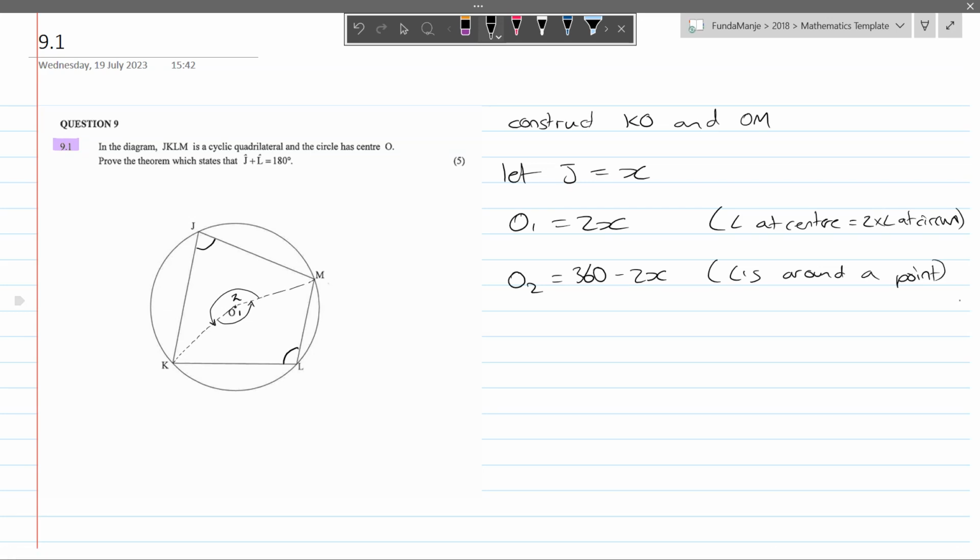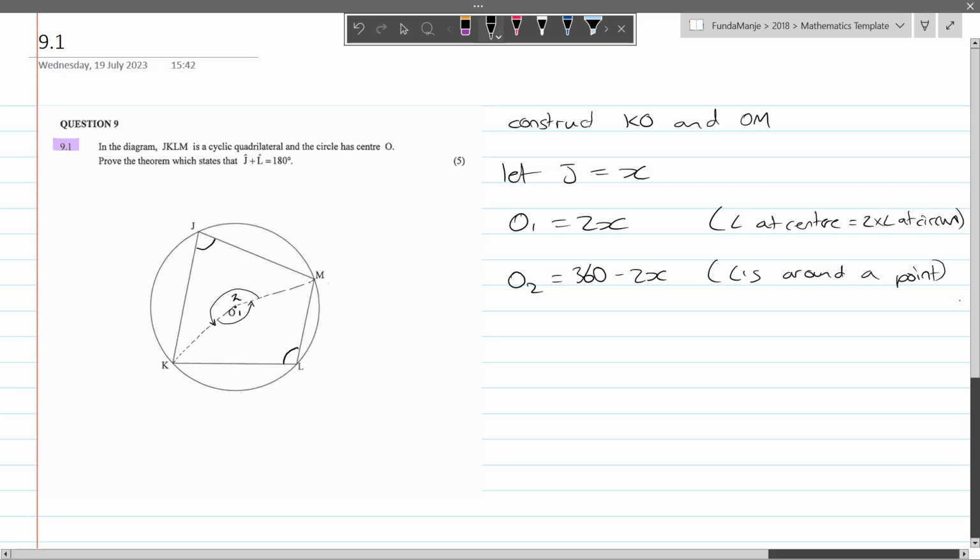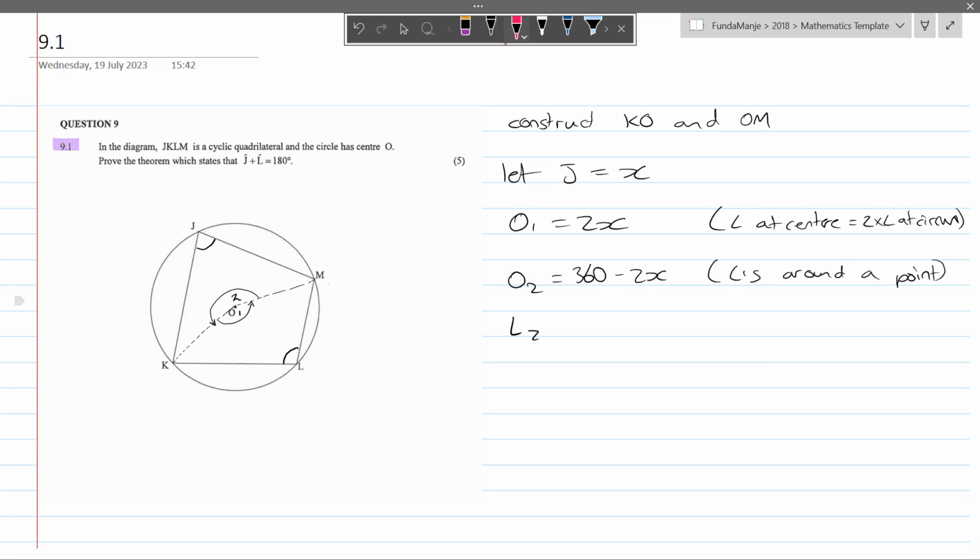Then we can say from this that L, now this is where a few students get it mixed up. This is clearly visible that O1 is the angle at the center for J. But similarly, we could also say that for this other side, O2 would be our angle at the center.